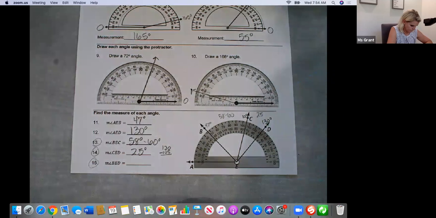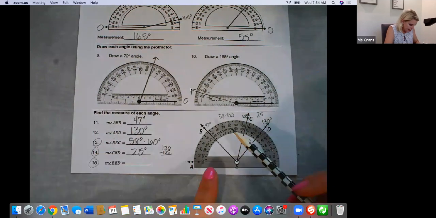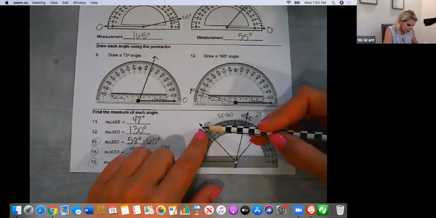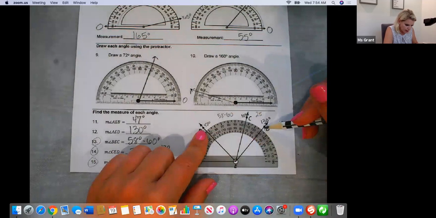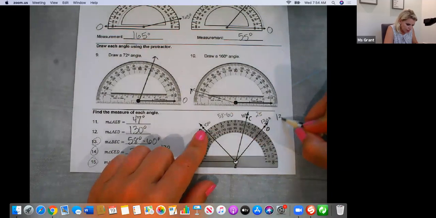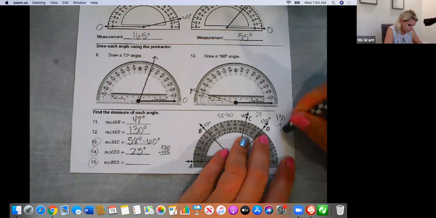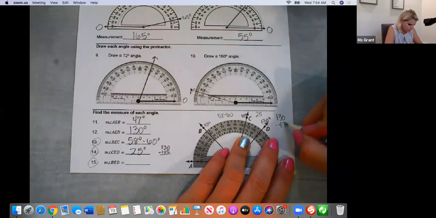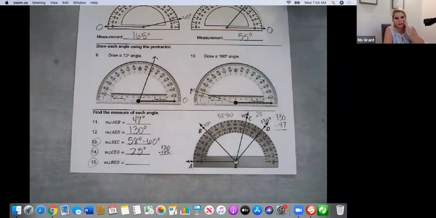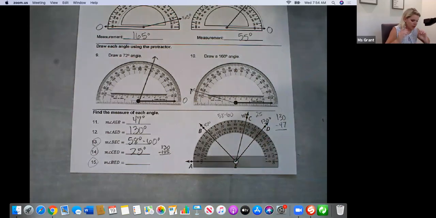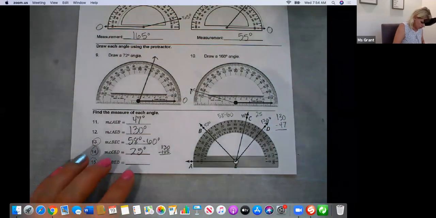I got 50. So 50 is a little small because look at what we're adding. B is at 47 degrees all the way to 130. So you basically are subtracting 130 minus 47. So it's 130 minus 47.